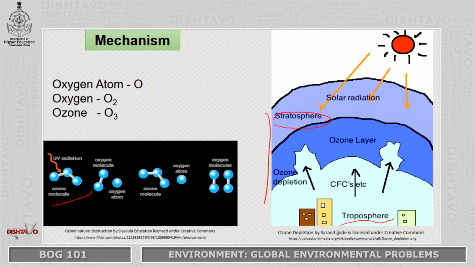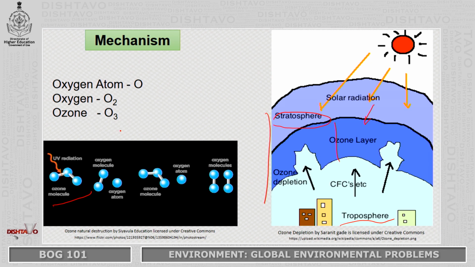The mechanism is that when the ultraviolet rays come down, they break the ozone molecule, O3. Ozone, O3, is broken into an oxygen molecule and an oxygen atom.